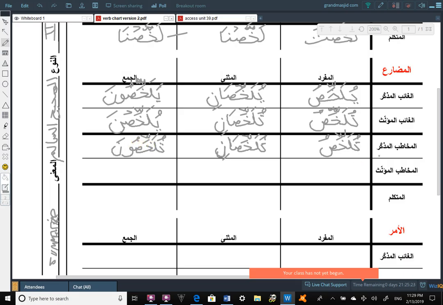Here for anti, we're going to add the ya al-mukhataba, the ya of the female we're talking to, and the noon of marfu': tulakhisina. And then here, tulakhisani, alif al-ithnain and noon marfu'.